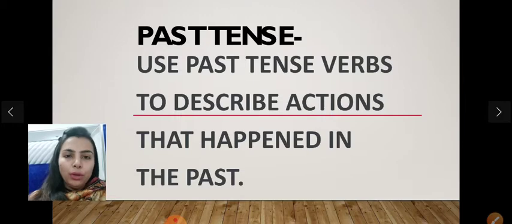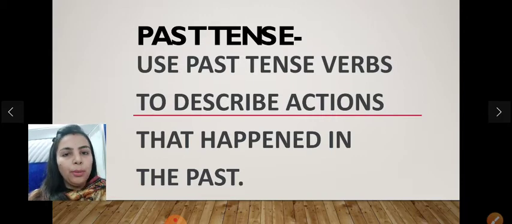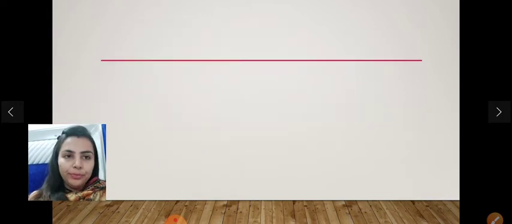We talk about all those actions which had completed in the past using the past tense.